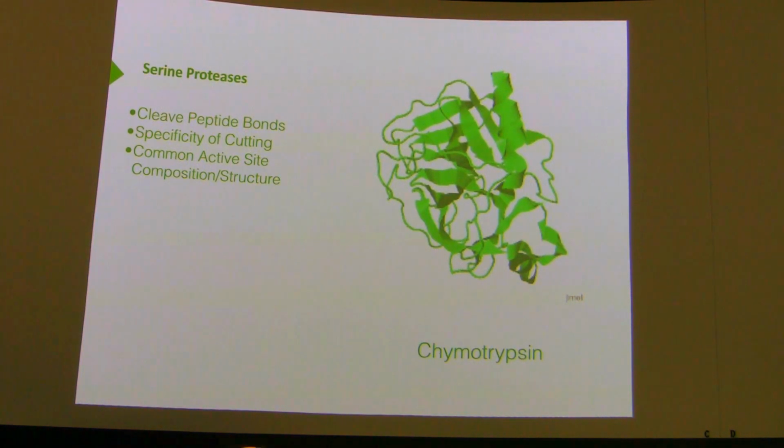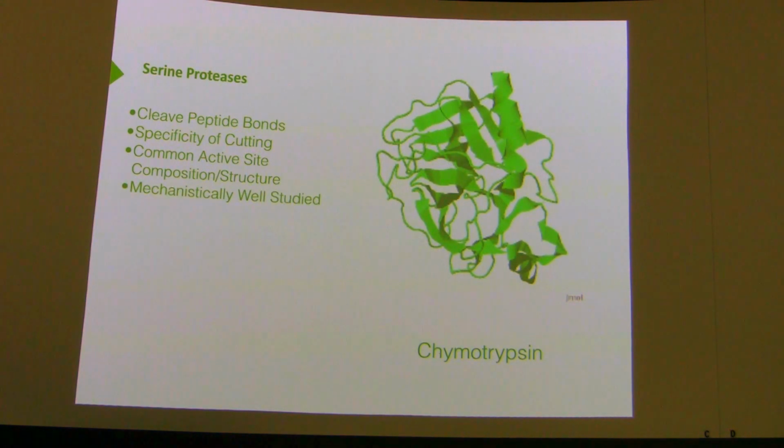Very, very little difference. And of course, that reinforces the idea that structure is necessary for function, and structure implies function. Trypsin, just like chymotrypsin, is a serine protease, and it uses a mechanism that is identical to that of chymotrypsin. Okay.